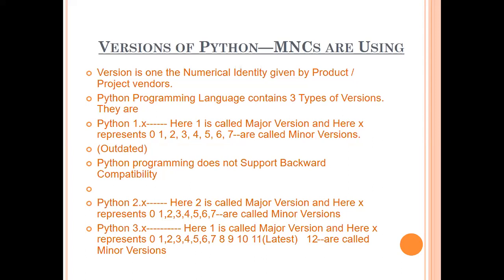So 1 is the major version and the numbers after it are the minor versions. Nowadays they are outdated. 1.x is not in use nowadays. It is an outdated version.